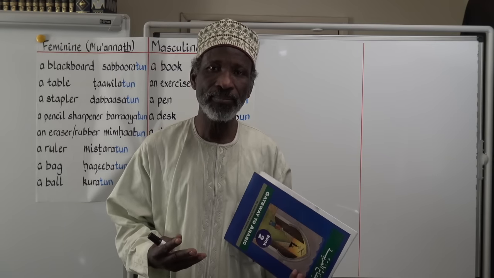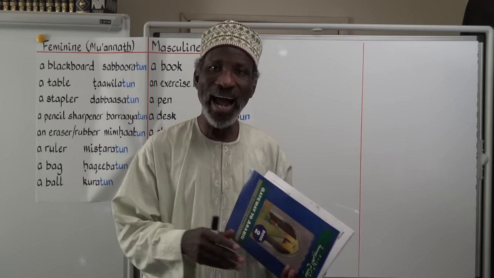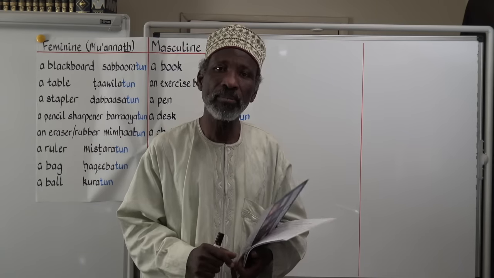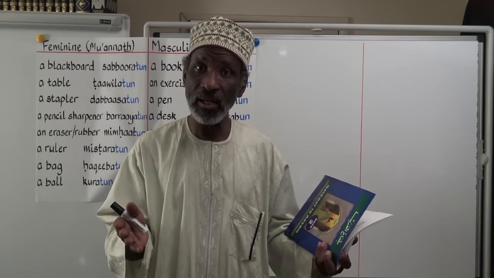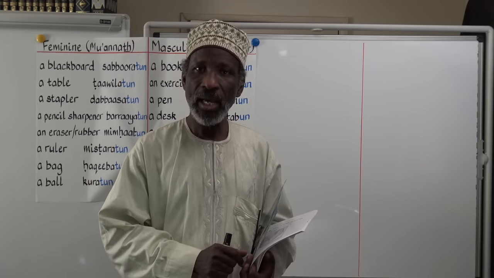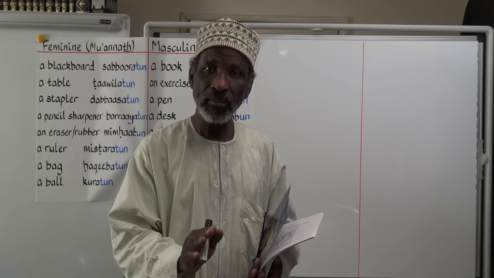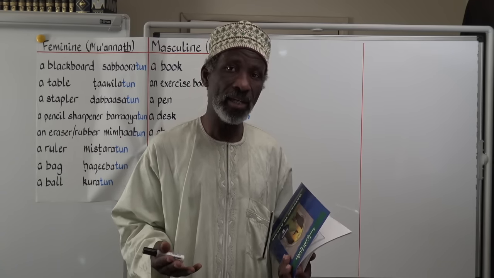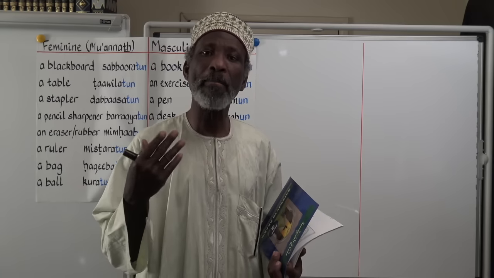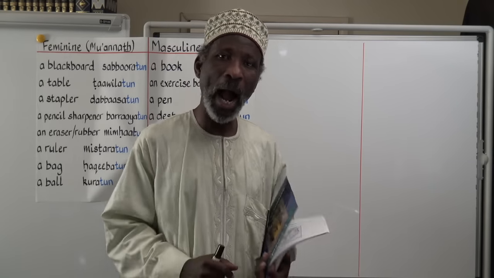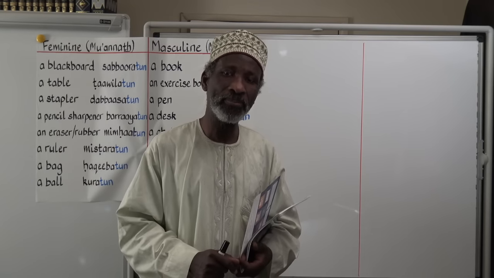In Arabic, nouns and adjectives are assigned to gender, masculine, mudhakkar, or feminine, mu'annath. This is very important because there are a lot of implications riding on understanding this. But that will become more apparent as we cruise along during our series.